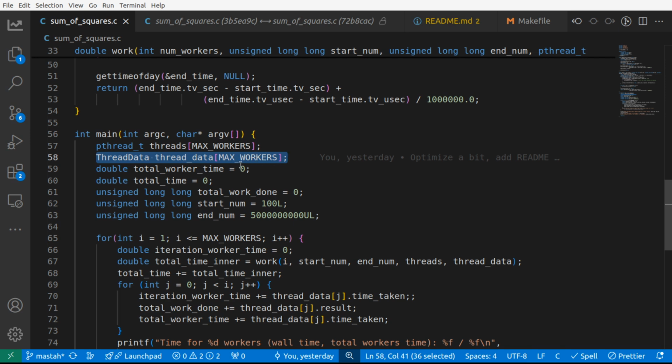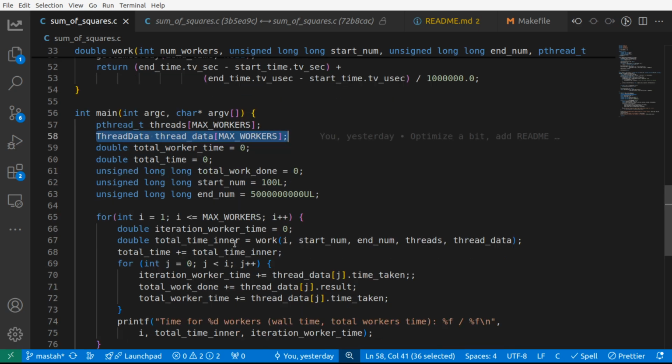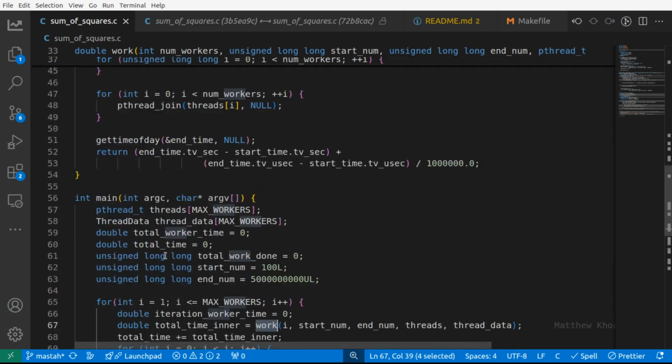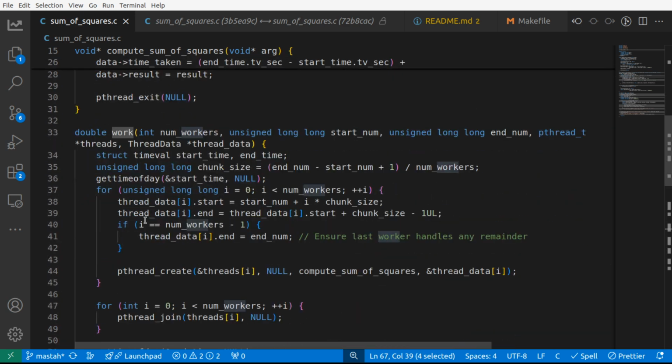So each worker will end up having its own instance of that structure as part of this array. The array is passed to the work dispatcher. The work dispatcher is the one that will figure out the work that needs to be done by each worker, updating their own instance of that structure, and in the end creating the thread and passing their own instance of that structure.